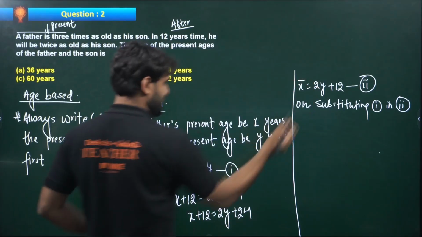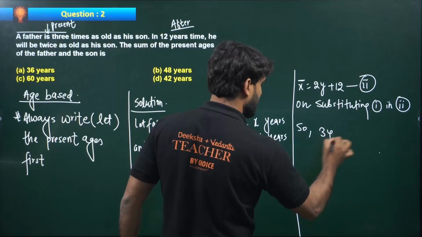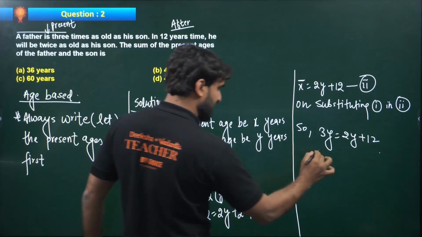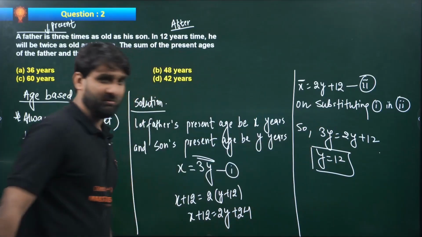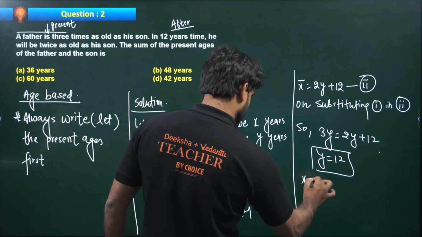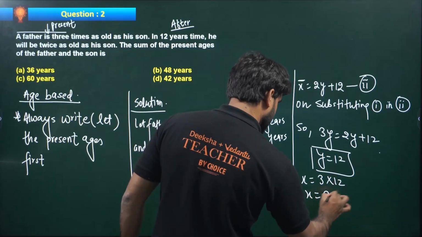This x will be replaced by this 3y. So 3y is equal to 2y plus 12. 2y will come here, so y is equal to 12. And if y is equal to 12, what will be x? x is equal to 3 into 12, so x is equal to 36.